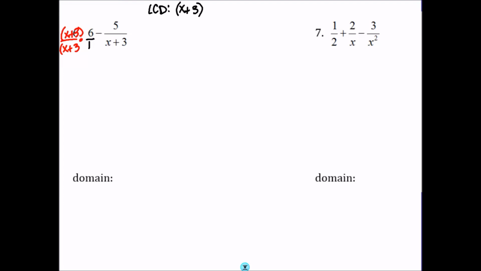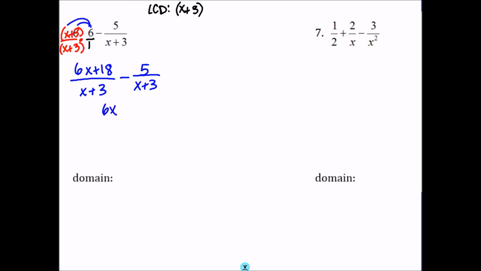The second fraction already has the LCD as its denominator, so we don't need to do anything there. We do need to remember to distribute the 6 to the x plus 3, so we have 6x plus 18 over x plus 3 minus 5 over x plus 3. Then we can go ahead and subtract.